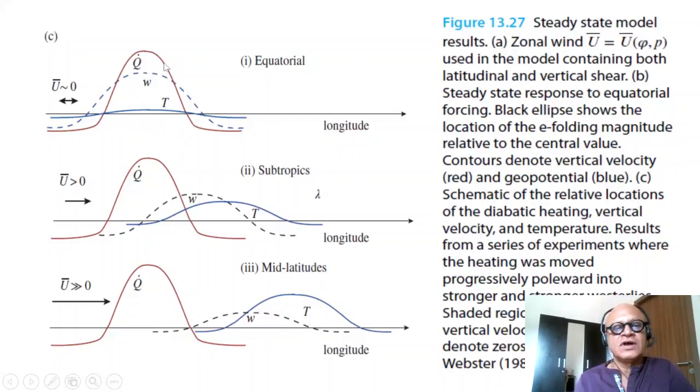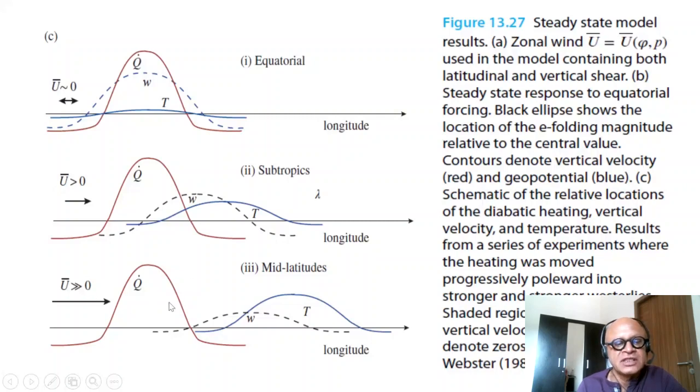So you have strong heating that is imposed and moved in the latitudinal direction into strong westerlies, stronger and stronger westerlies. So in the subtropics, the balance changes for the imposed heating. You get upward motion and a stronger temperature response, but the heating influence dies away. So this is in longitude in that tilted direction. So you are going into the westerly region here and into the stronger westerly region.